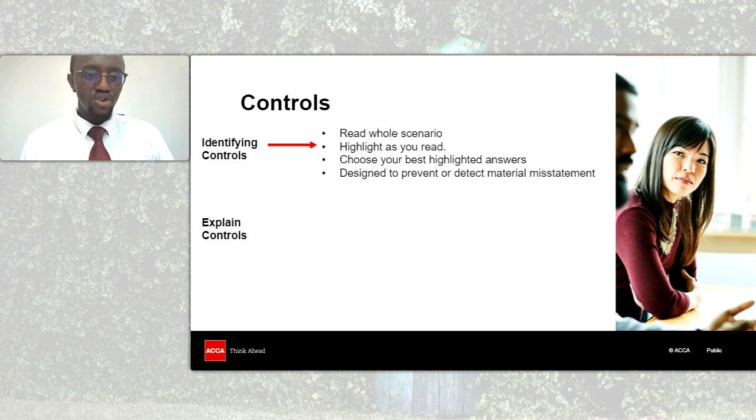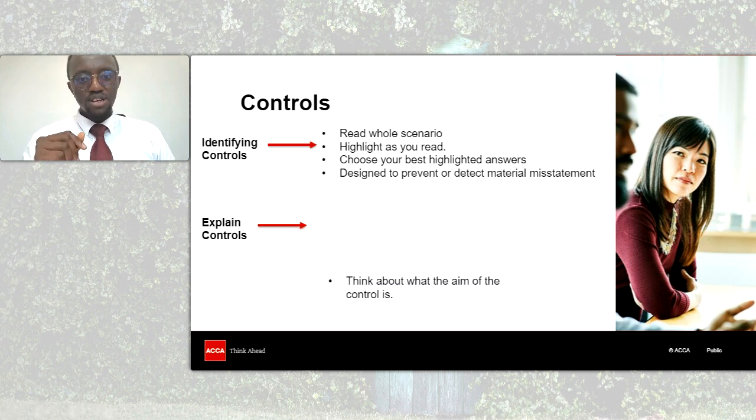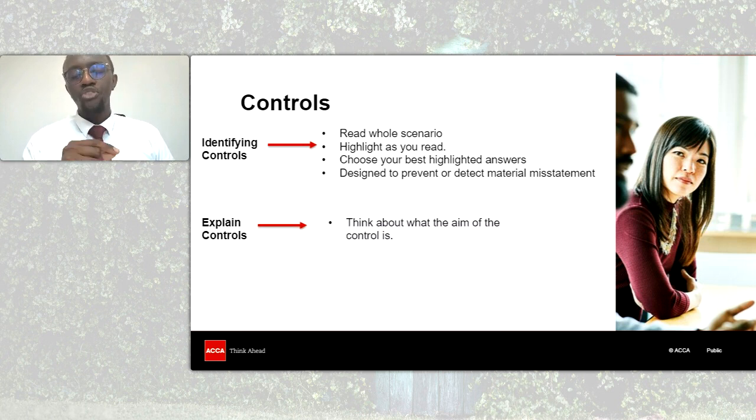How do you explain the control? So think about what the aim of the control is. I like to look at it this way. Why do I have a fingerprint scanner on my phone? You won't say to prevent fraud. You understand? What you would tell me is you're trying, Roger, to ensure that you prevent unrestricted access.